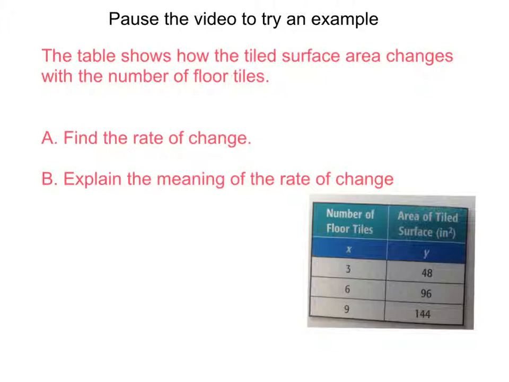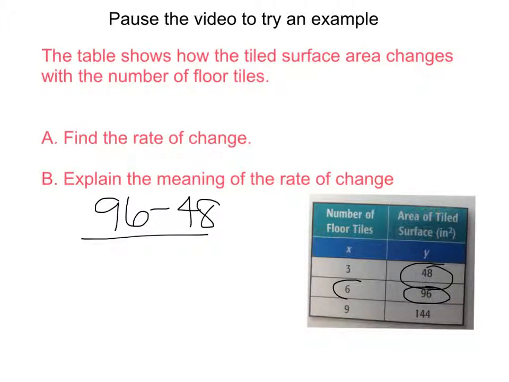So let's pause the video to try an example on your own. The table shows how the tiled surface area changes with the number of floor tiles. Find the rate of change. So we're going to first find the change in y over the change in x. So the change in y is 96 minus 48 over the change in x, which is 6 minus 3.